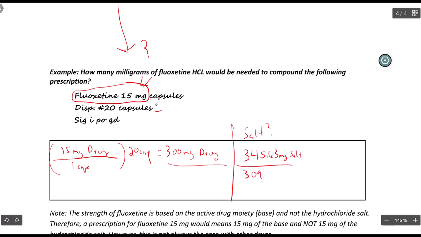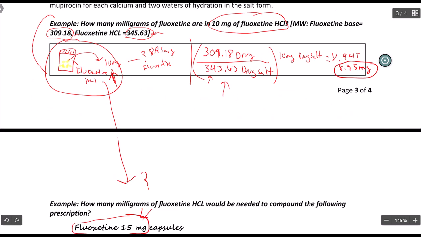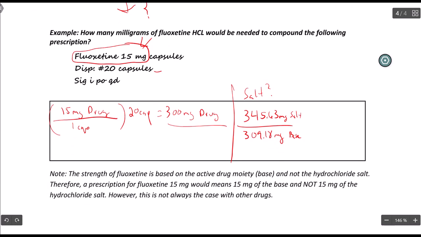Where did I get those numbers from? The molecular weights. So if this is the amount of milligrams I need to weigh out in order to get this amount of drug, how much do I have to weigh out if I want 300 milligrams of the drug, the base?